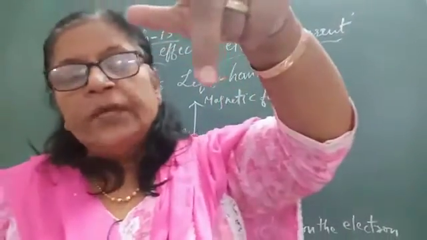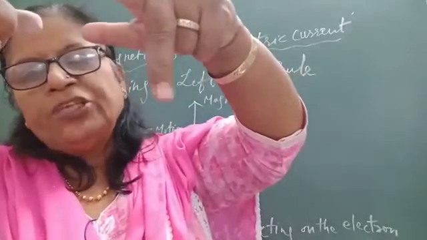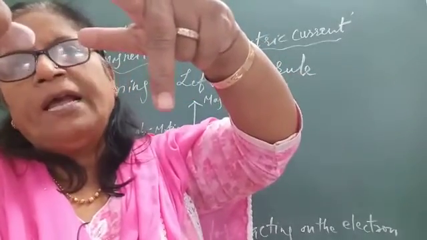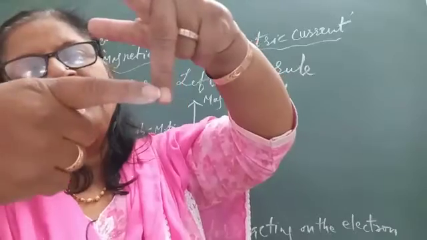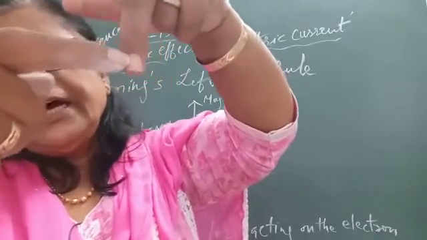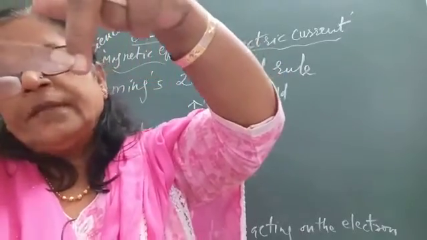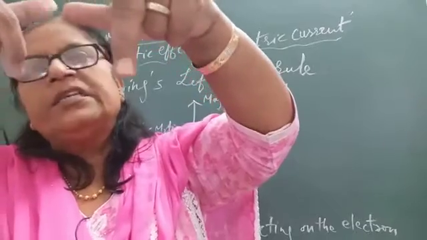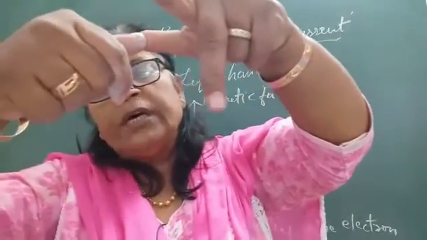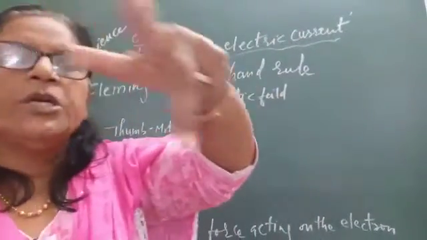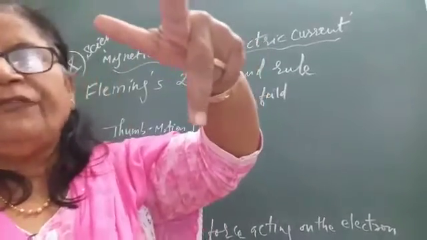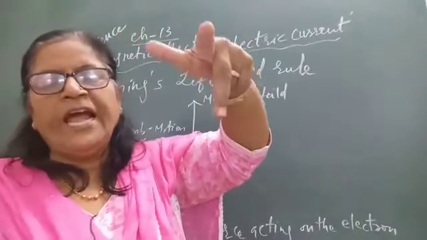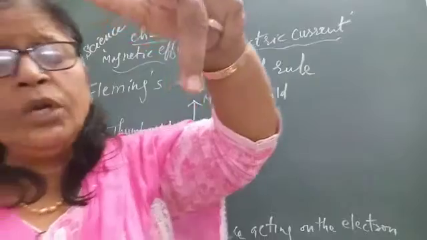The forefinger shows the direction of the magnetic field, the middle finger shows the direction of the current, and the thumb shows the motion of the conductor. So by this we understand Fleming's left hand rule.